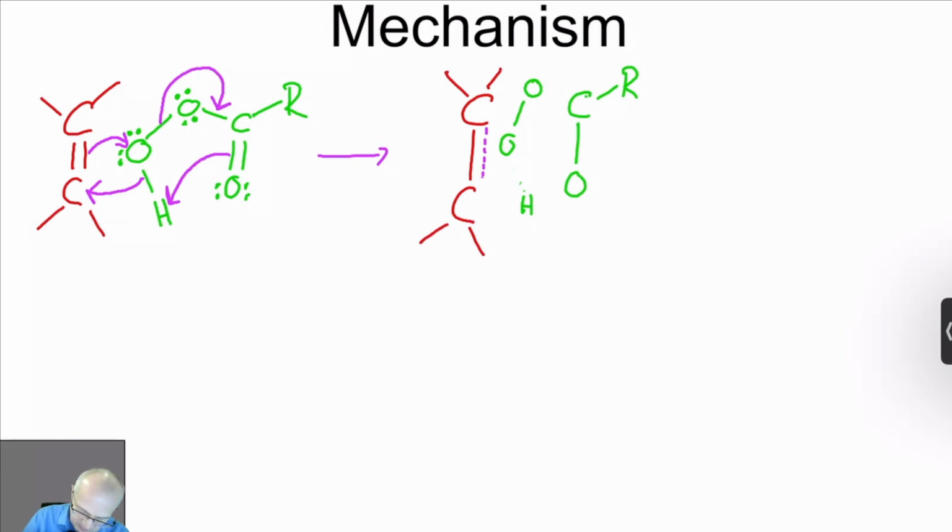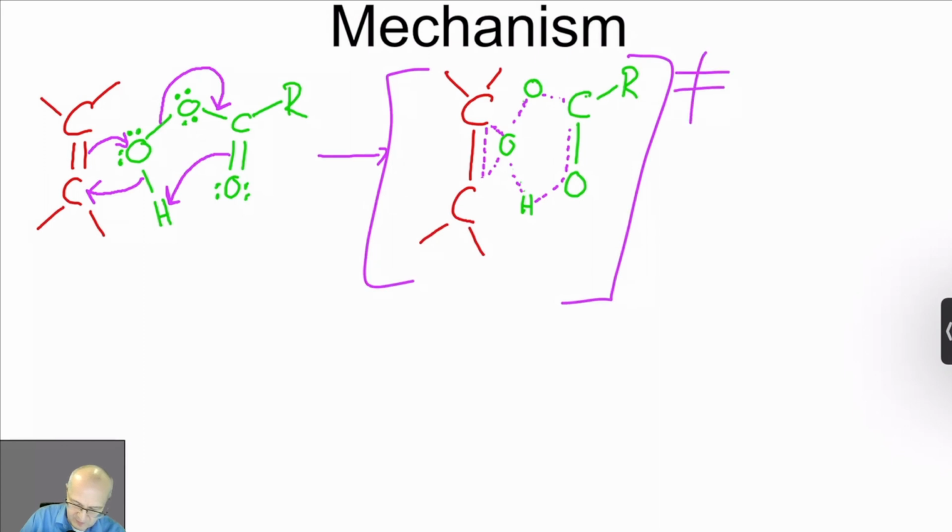This transition state's a little bit weird. Not weird, but challenging. There you go. So that's the transition state right there. As you can see, it kind of resembles a butterfly if you let your mind stretch a little bit.